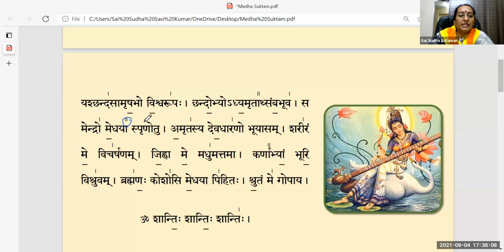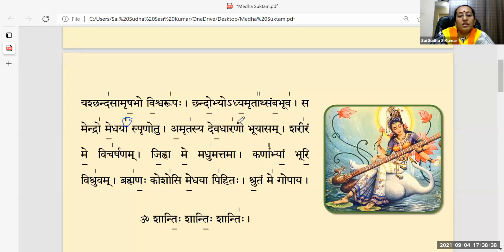Medhaya, that Dirgha Swarita will have to be chanted properly. Any other way of chanting, please note, should definitely not be sing-song way.